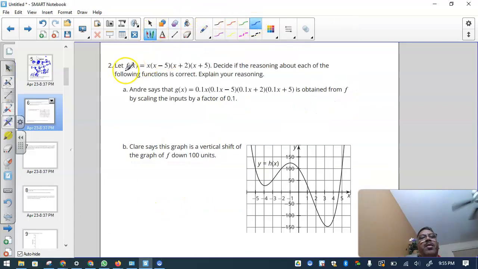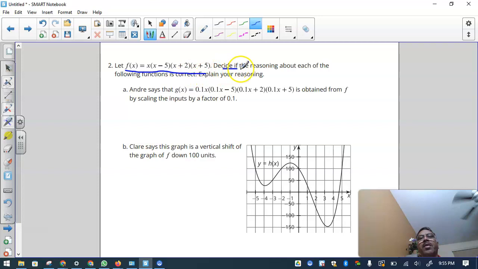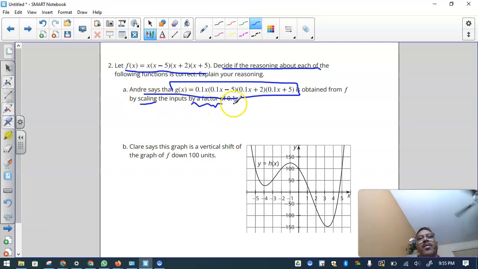Okay, in this problem, they give you something like this, right? Decide if the reasoning about each of the following is correct. So Andre, one student, says this is obtained from f by scaling the inputs by a factor of 0.1, the k.